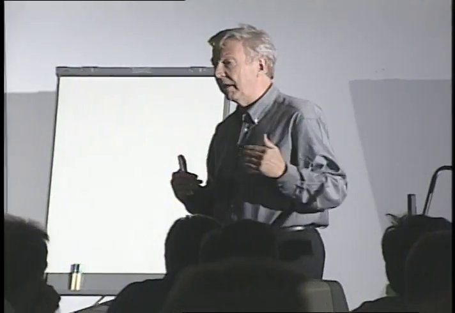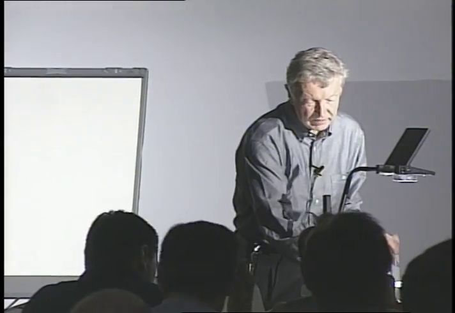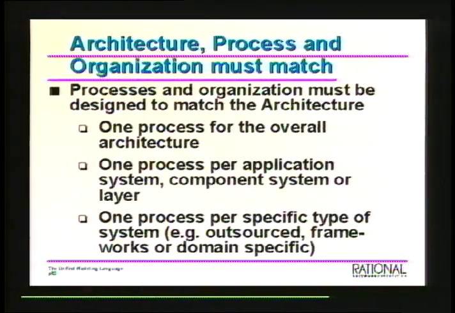To really succeed in managing these kinds of complex systems, you need to have not only an architecture like this one, but also an organization where every system here has its own process, and an organization that maps this architecture. So typically, in designing a system like the one I just described, you have an organization that maps that architecture.